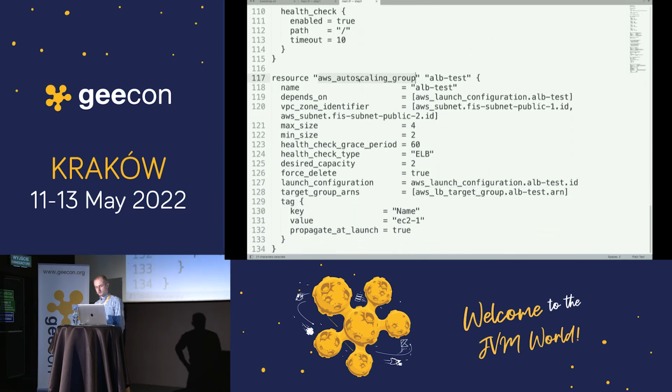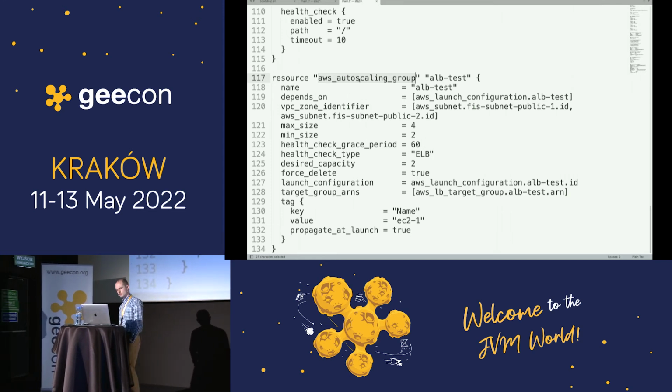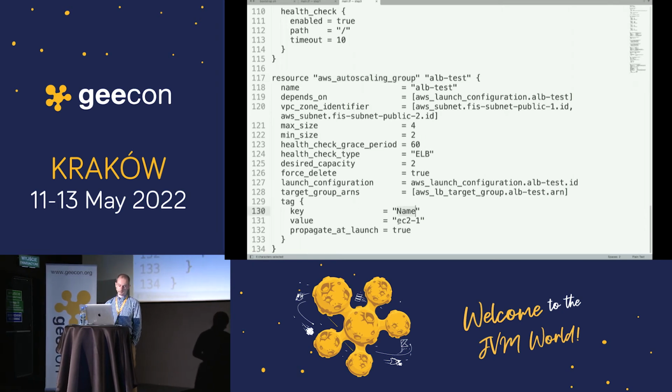And of course, auto-scaling group, where we are saying we would like to have at minimum 2 EC2 instances running. And we're also adding the same tag as we added previously.